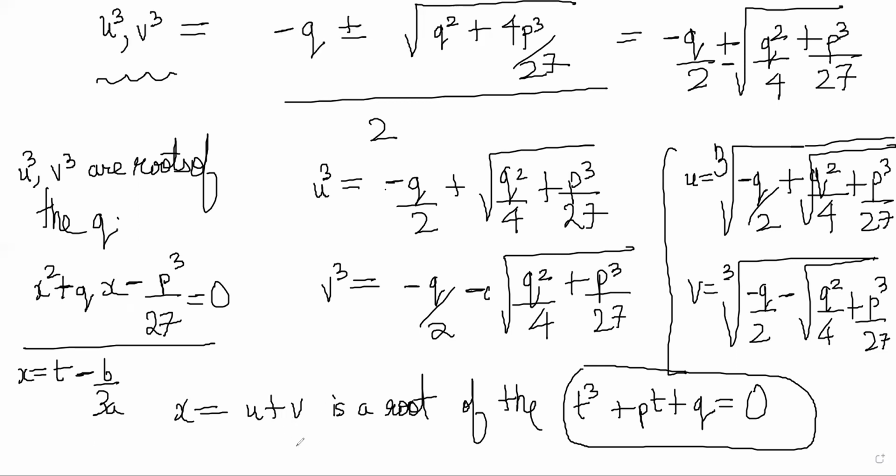So what we will do now is just revise all of the stuff that Cardano did by taking an example. Okay, so let's look at the equation x cube minus 8x minus 3 is equal to 0, right? This equation is already in the form t cube plus pt plus q.